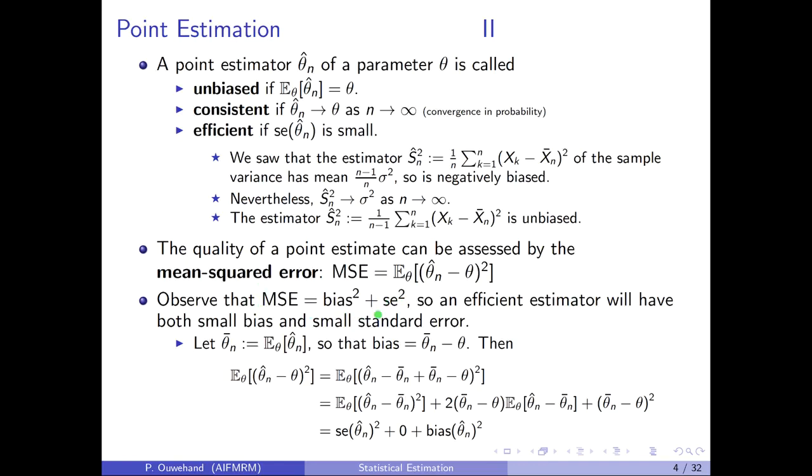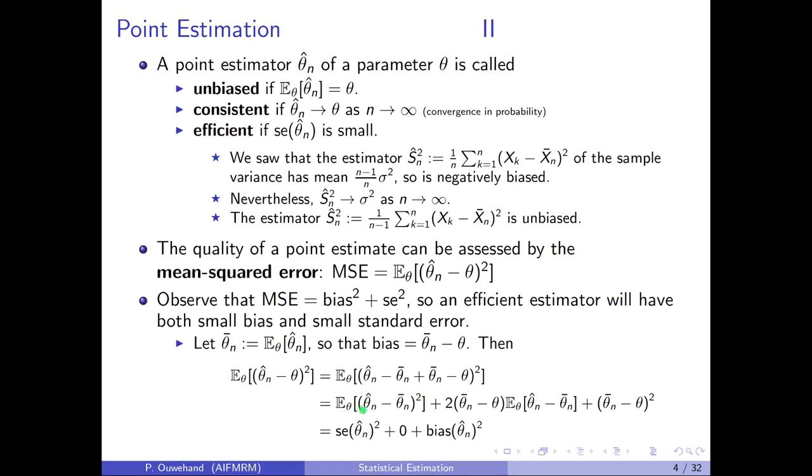To see that this equation holds, let us define theta bar n to be the mean of the estimator. In other words, the bias is just theta bar n minus theta. And then if we look at the expectation of the difference squared, we can add and subtract a term in the middle, which does nothing. And then consider this as a plus b all squared, which of course is a squared plus 2ab plus b squared.